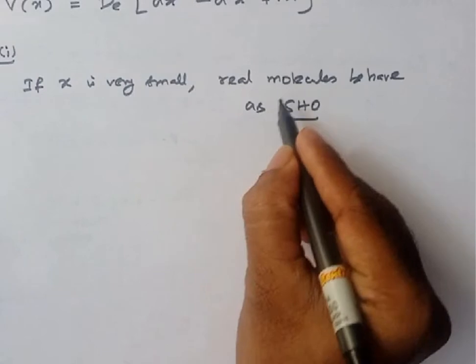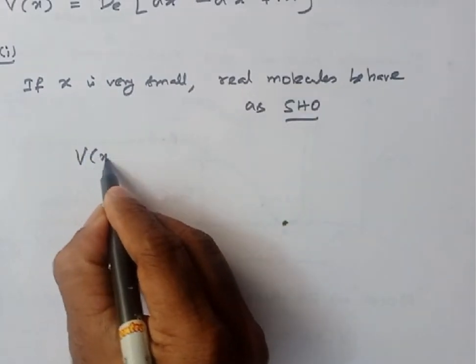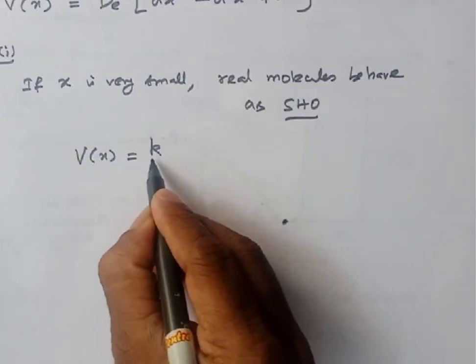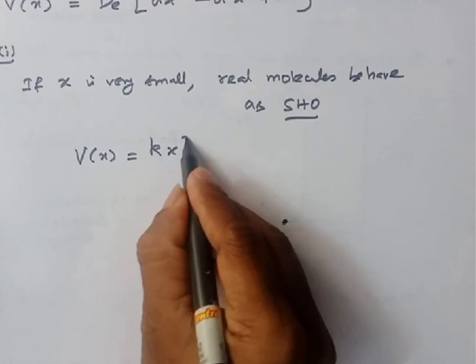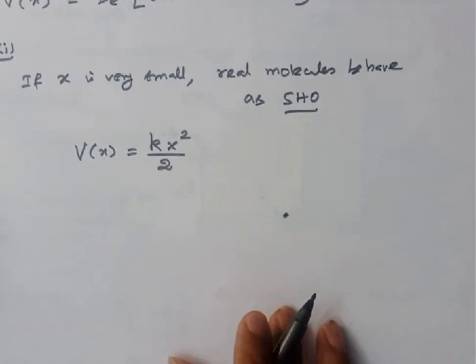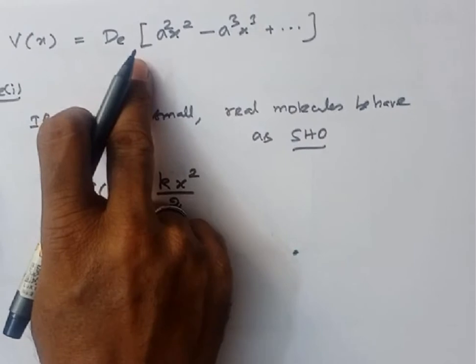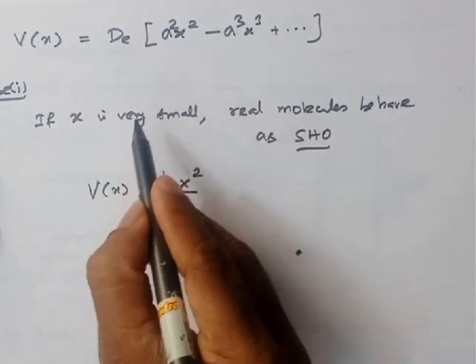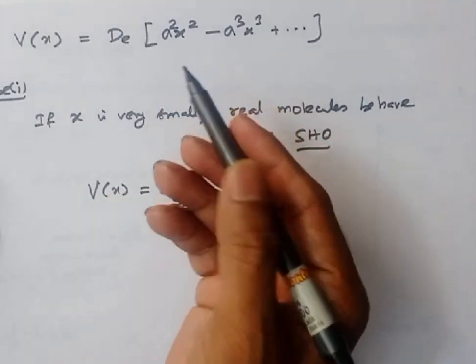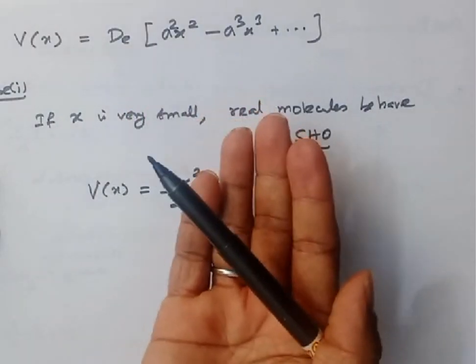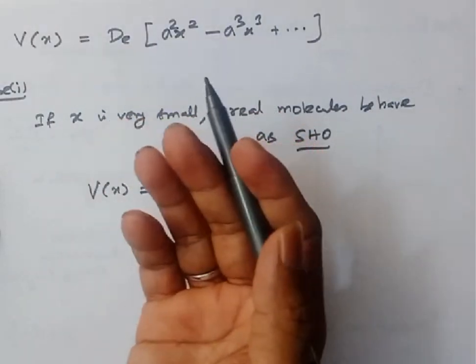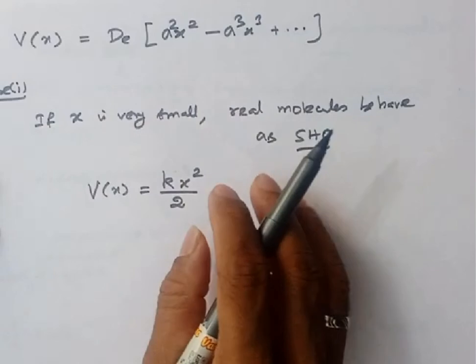You know very well, for a simple harmonic oscillator, potential energy is equal to force constant k into x square by 2. Usually x value will be 0.01 or 0.1 like that. It should be less than 1, right?